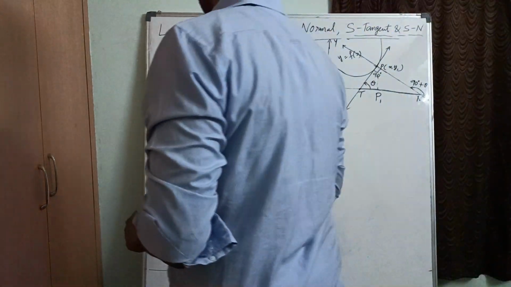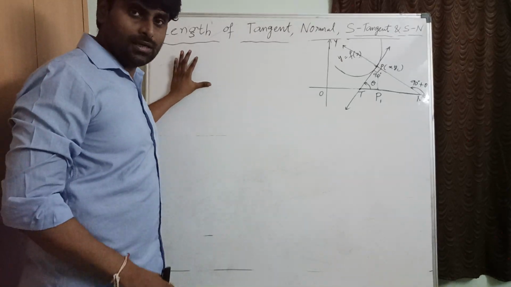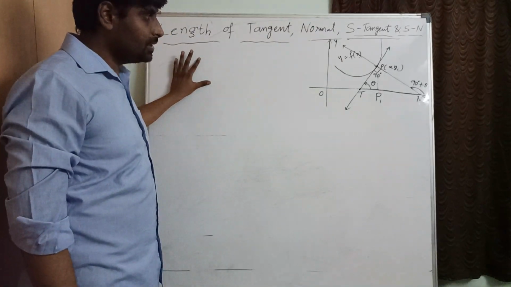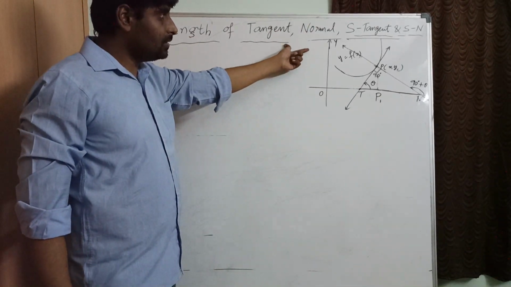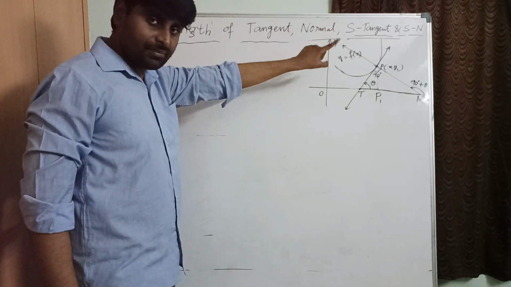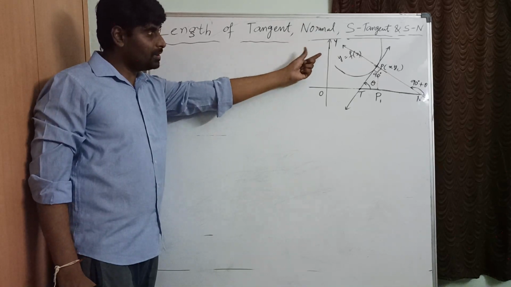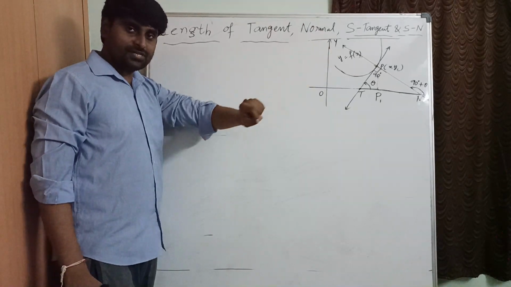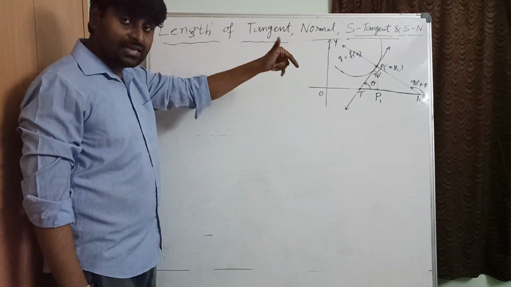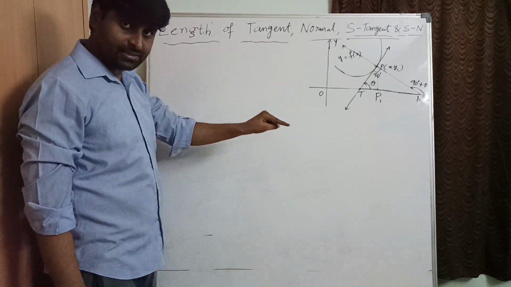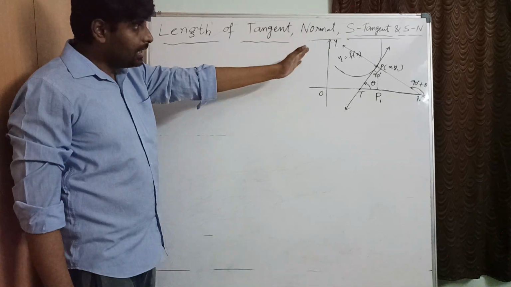Now, this is a very important topic. Generally we have had some problems on these topics in previous years in IIT. Now, length of tangent, normal, subtangent and subnormal. First of all, let us identify which is the length of tangent, which is the length of subtangent, and which are the parts of normal and subnormal.